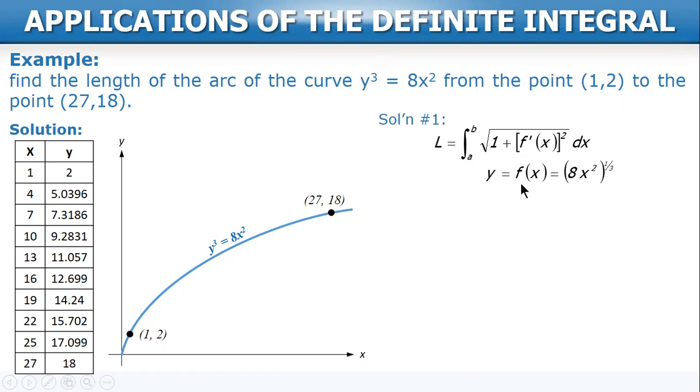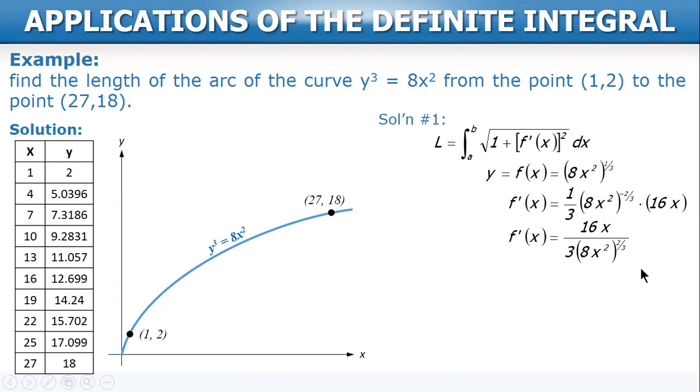So, first derivative: 1/3 times this one raised to 1/3 minus 1, negative 2/3, times the derivative inside, we have 16x. And then simplify: 16x over 3, with the negative 2/3 moved down.